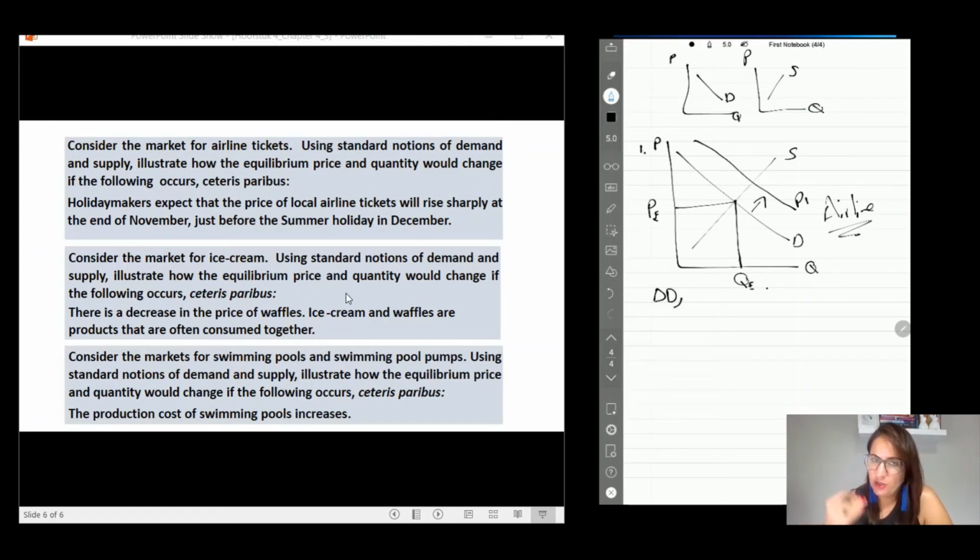But look what happened as a result of this movement of the curve. Can you see that a new equilibrium price and quantity has been established in the market? It seems that due to the change in demand, demand increased, and prices increased. So what did I say when there is a price increase?